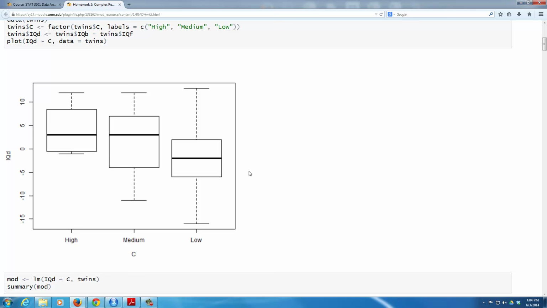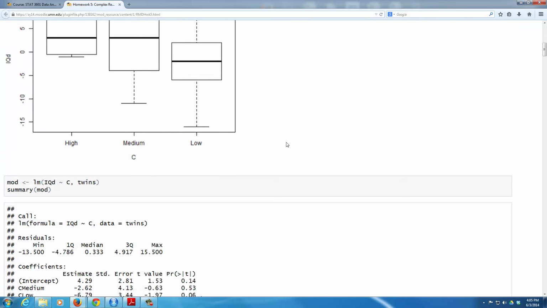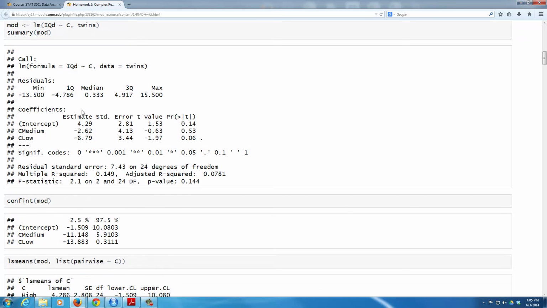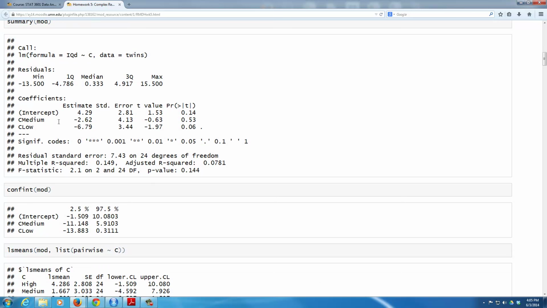The question will be, are these statistically clear differences or not? Our model is estimated here with mod, linear model: IQ difference is a function of the social class of the biological parents. We get the model output right here like this.